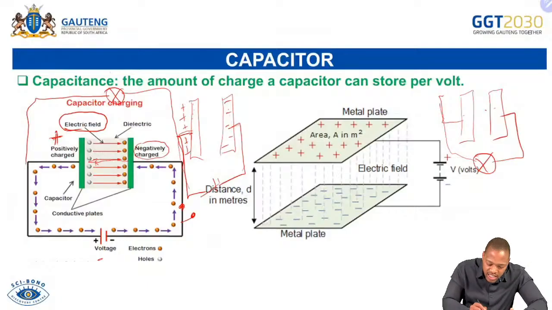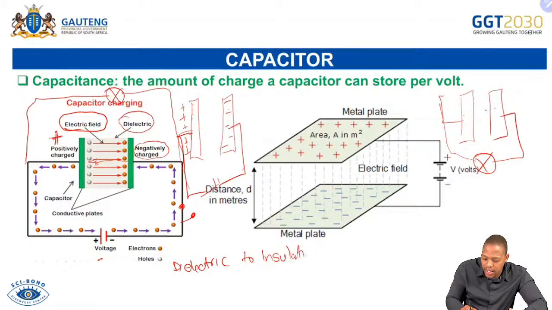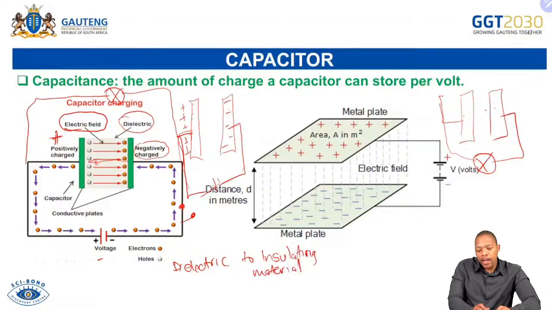Inside this thing, they put in a material called a dielectric material. This dielectric material is there to insulate. It is an insulating material. It is there to insulate so that electrons, whenever there is an electric potential, remember the electrons now, since they are no longer equal, are pumped here.